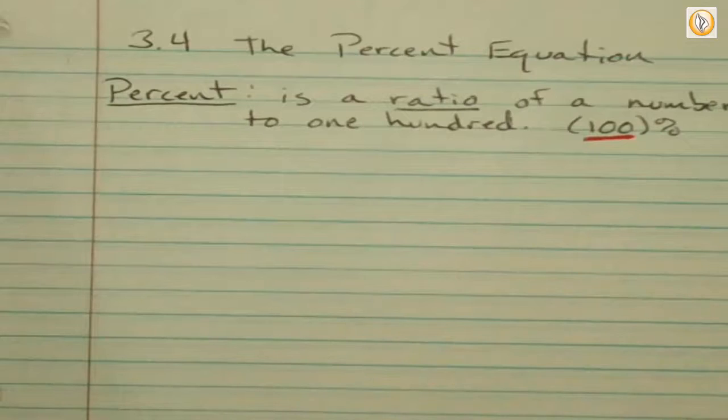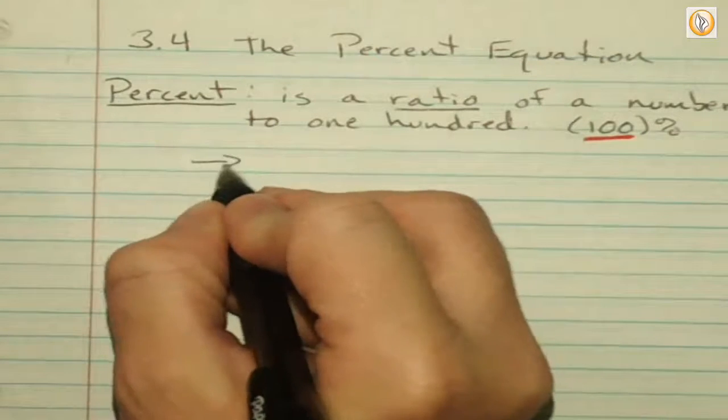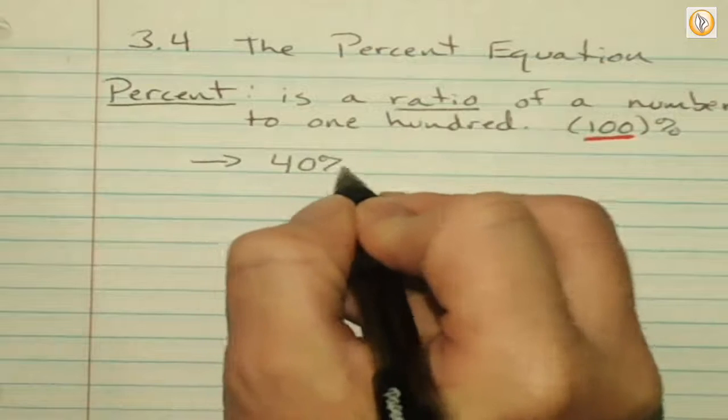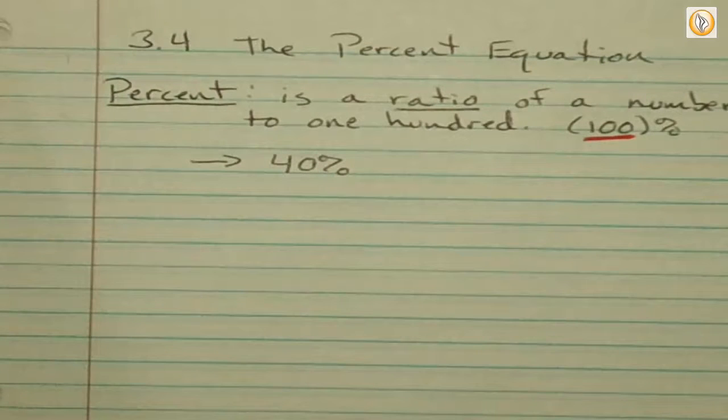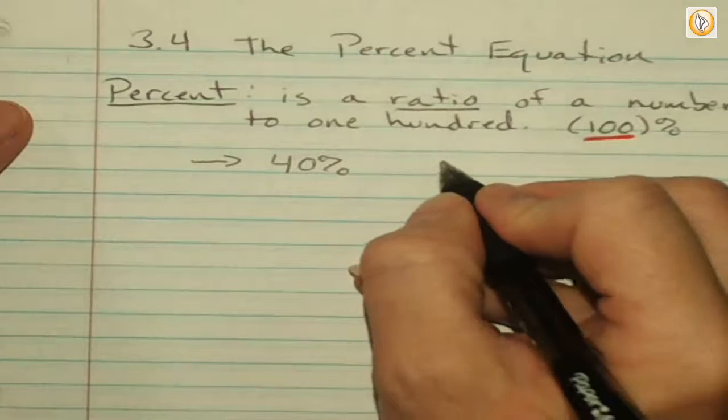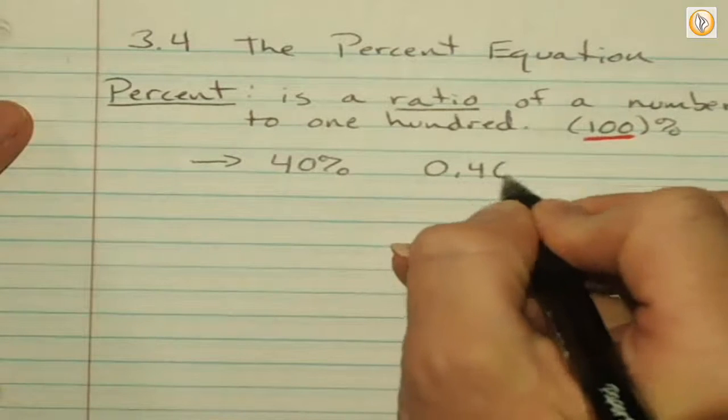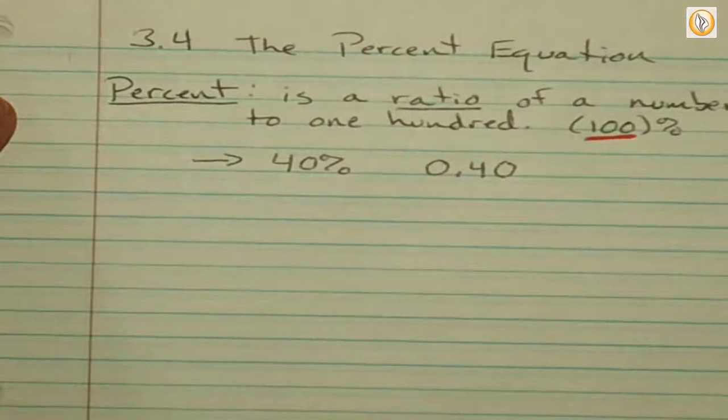Okay, here's what we're doing today. Let's say I have 40%. If I write that as a decimal, I would write it like that.